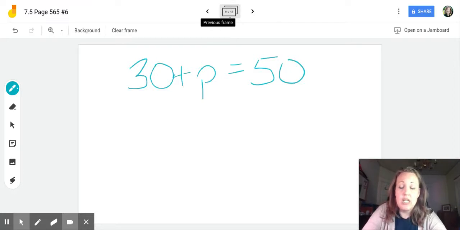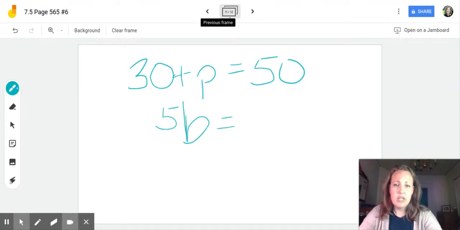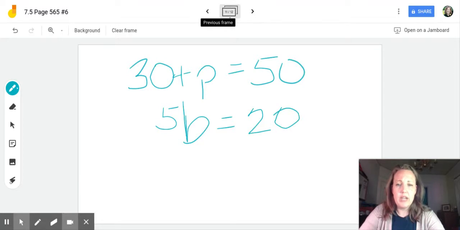So P is 20. So I could say 5 points per, I'm going to make it B, per book is equal to 20. We need to get 20 points, right? How many books is that going to be?